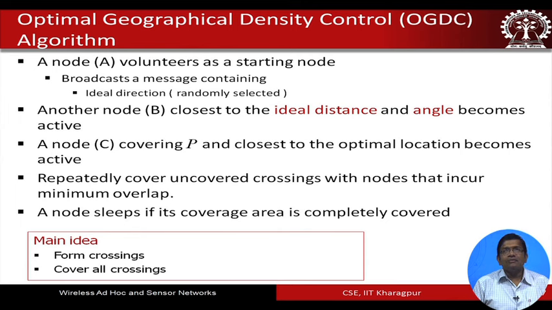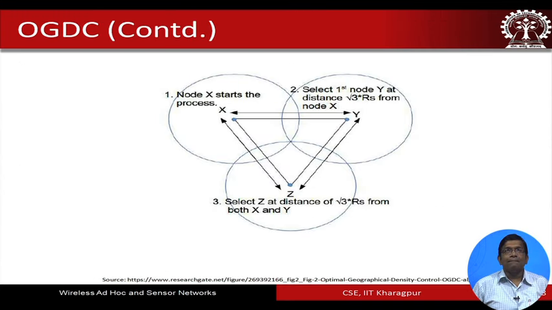A node C covering P and closest to the optimal location becomes active, and we repeatedly cover the uncovered crossings with nodes that incur the minimum overlap, and a node sleeps if its coverage area is completely covered. So, the main idea is first to form the crossings and then cover all crossings. This is the whole idea behind the nitty-gritties of the OGDC algorithm.